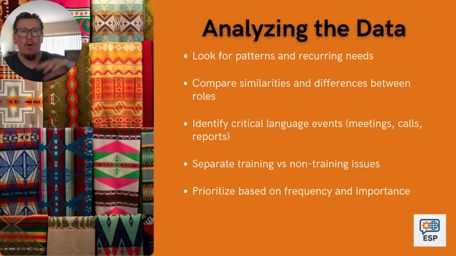Maybe you go, oh, this is coming up a lot of times, but it's not important for them in this current situation. So, okay, that was interesting, but it's not important, so I'm not going to pay attention to it. You have to continually look at these things because it's going to affect your course, what you're going to include and what you're going to exclude from your ESP course.